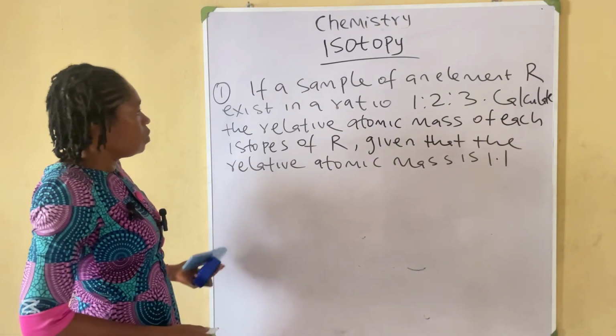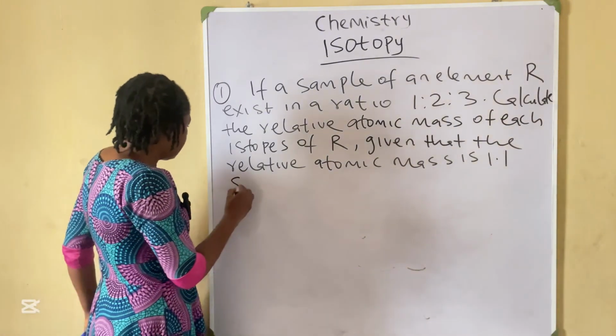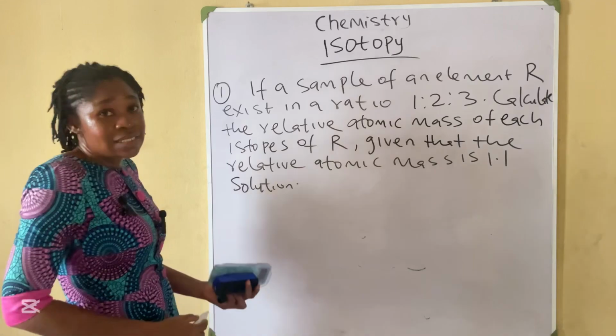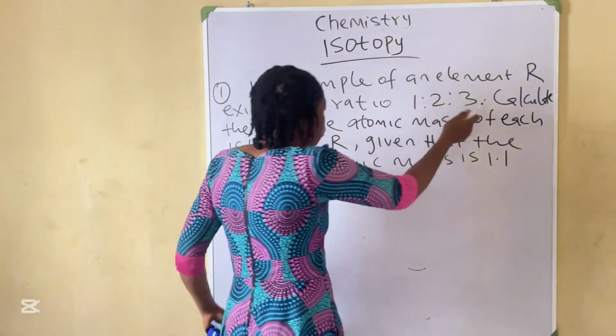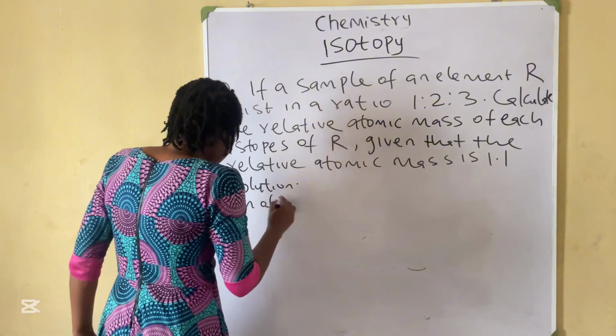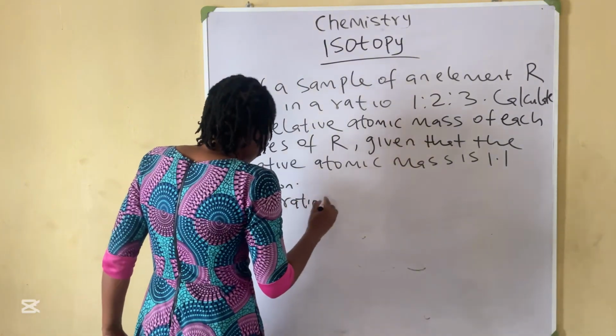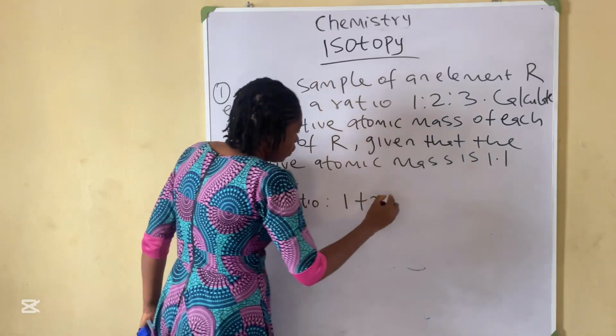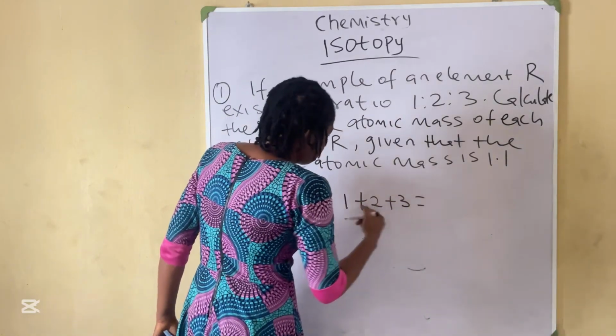Solution: we are going to add up this ratio. Sum of ratio is 1 plus 2 plus 3, which equals 6.